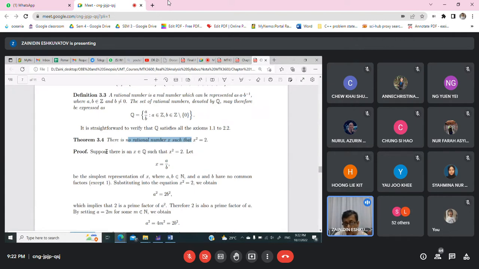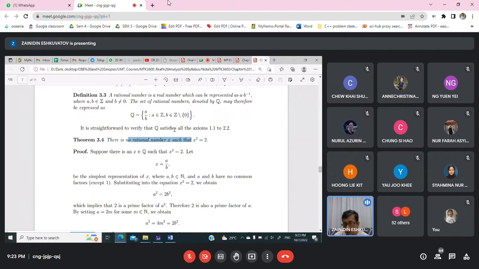So what do we do? Suppose that there is, we are assuming that there is a rational number such that x squared equals 2. It means x is a rational number. If x is a rational number, it might be written in this form, a over b.